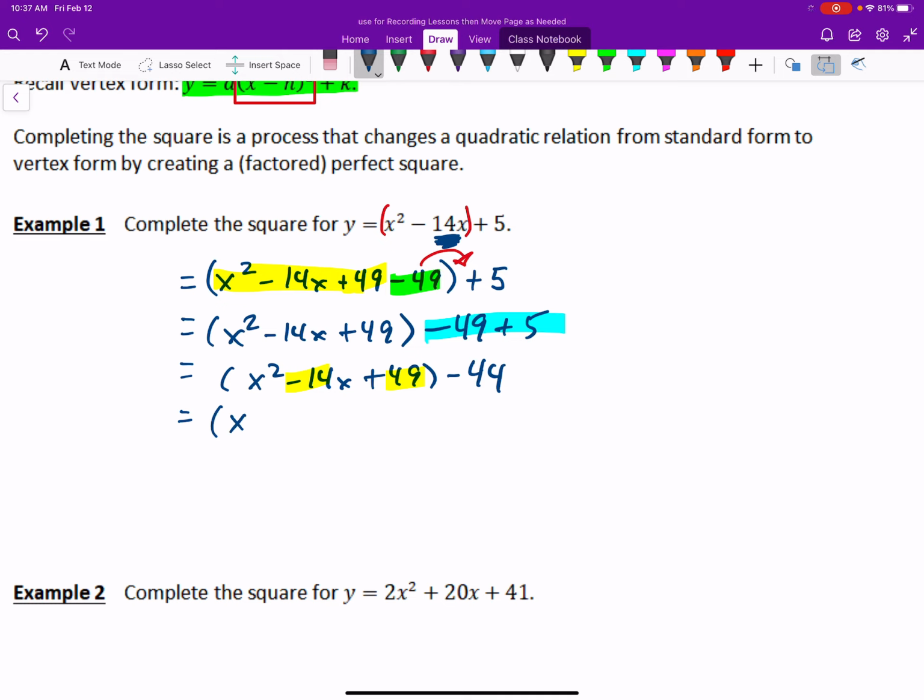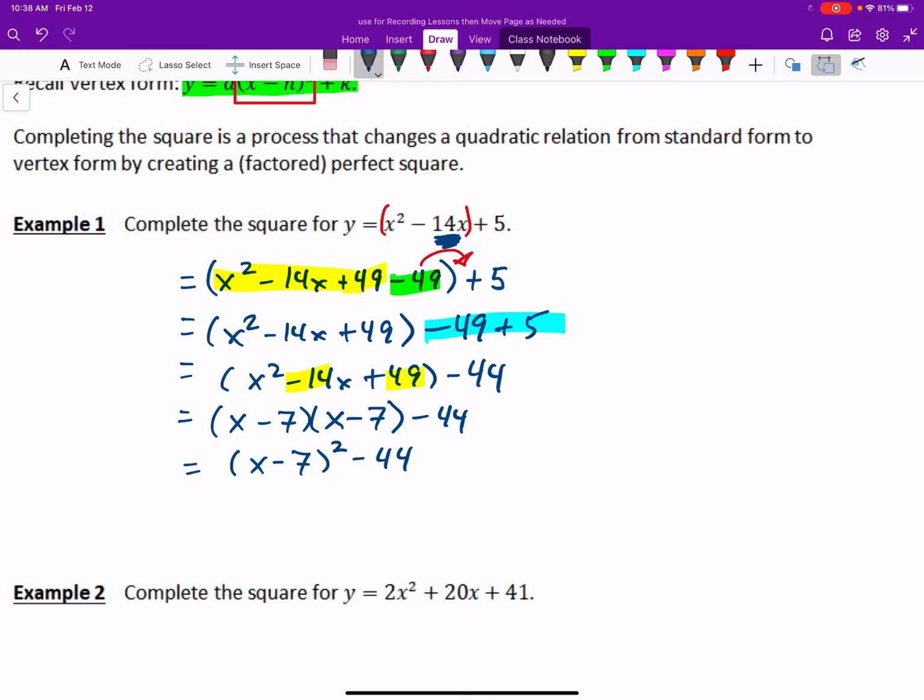In other words, if I had negative 7 plus negative 7, I'd get negative 14. And if I had negative 7 times negative 7, I'd get my 49. So if I factor it, I get two identical factors. But when I have two identical factors, I can write it as a single factor with a squared on it, as I just did there.